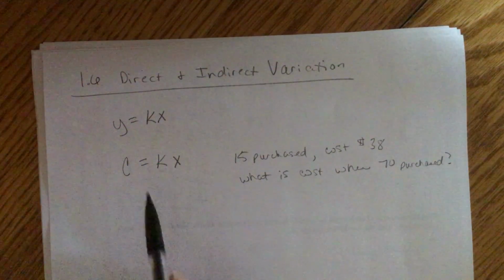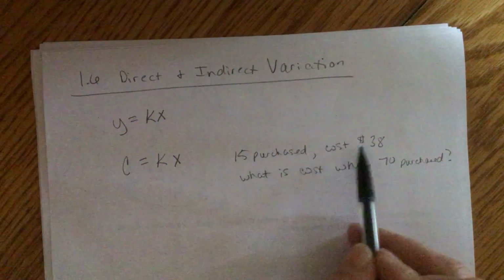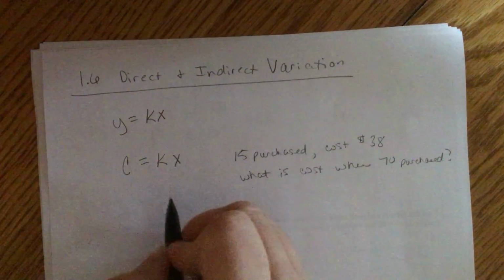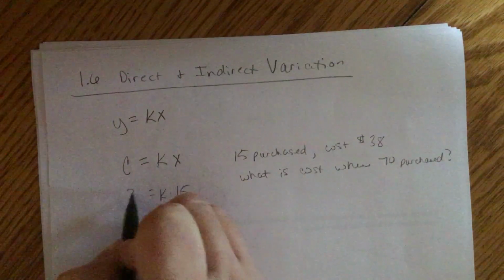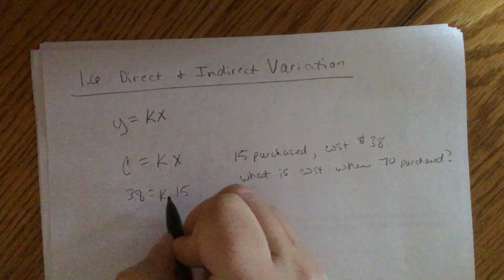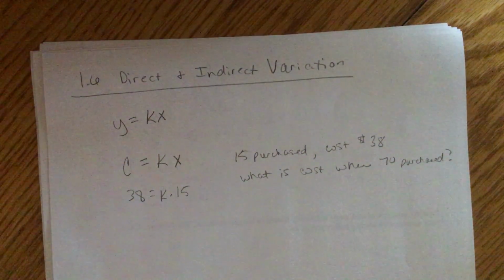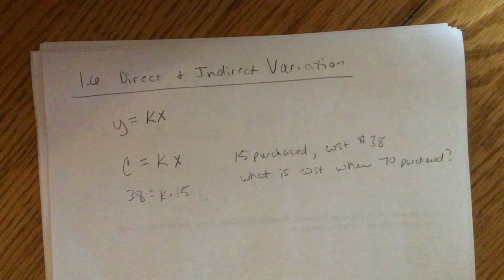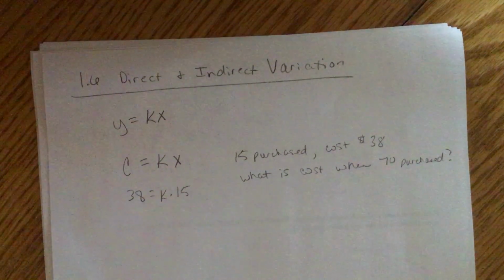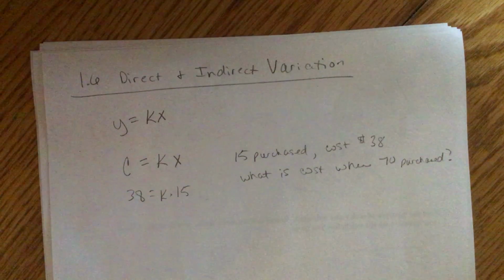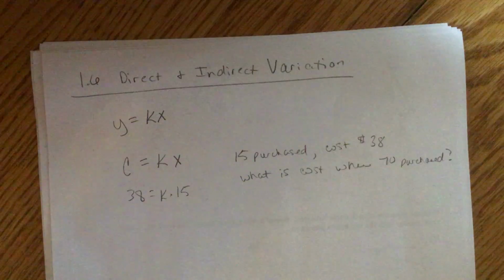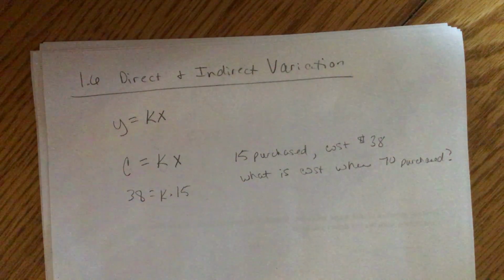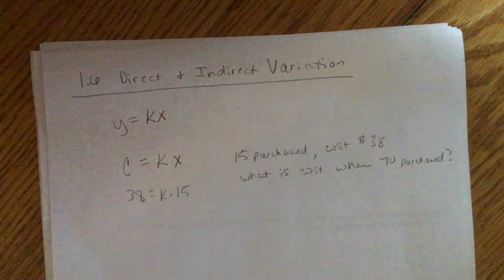All right, so you have your basic equation. So you plug in the given information. So when 15 things are purchased, the cost was $38. So you just divide and find your k. Grab my calculator because it will be a decimal. So 38 divided by 15 gives you 2.53.